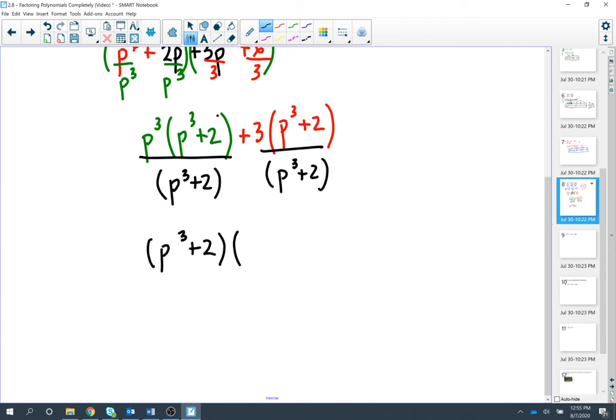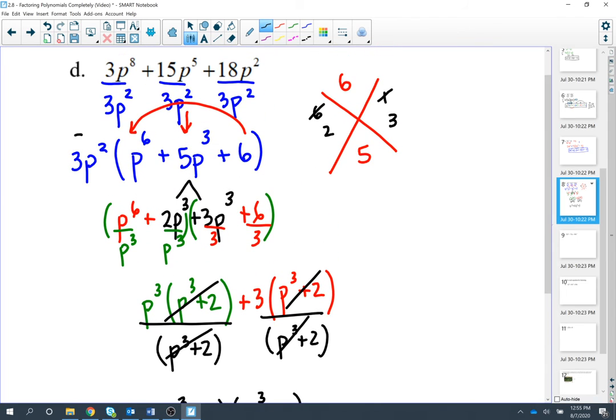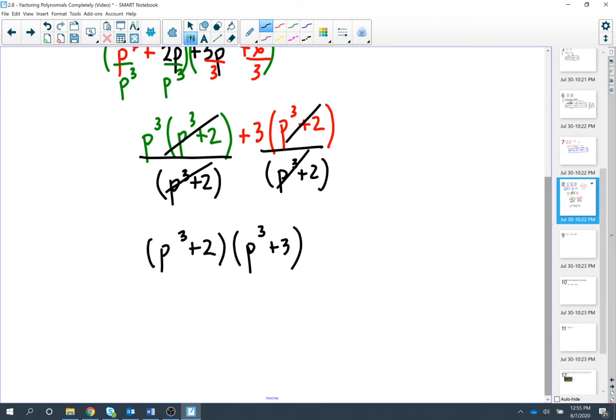Set up your parentheses behind it. Left over, we're going to have a p cubed. Left over, we're going to have a plus 3. And then at this point, do not forget your GCF. If we go back up here, I'm pretty sure to start with, we took out this 3p squared. So I'm going to go back down. I'm going to put my 3p squared, and then I'm going to look at this thing really carefully.